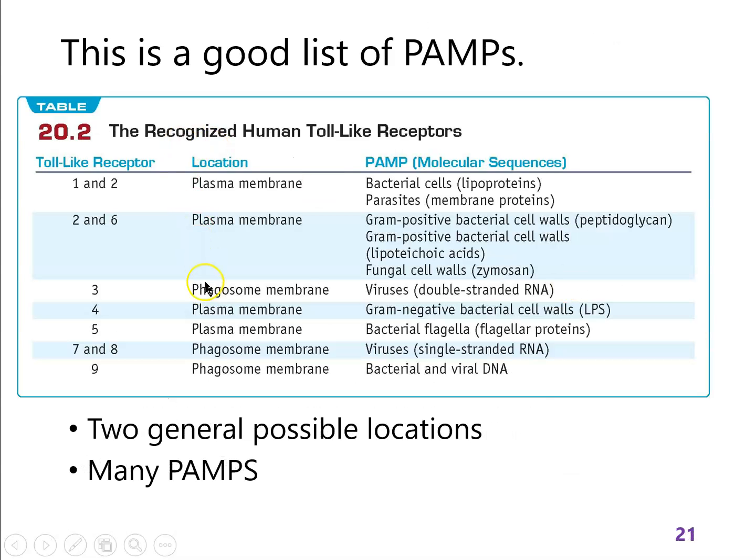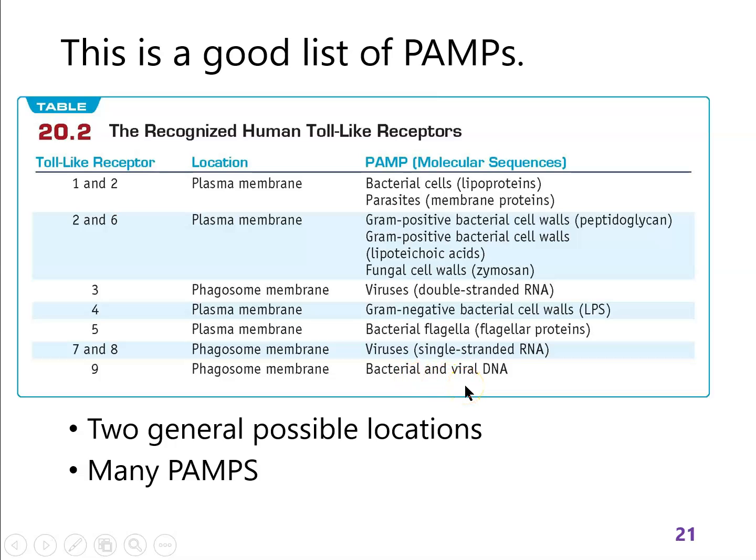Let's look through a list of these. So toll-like receptor 4 down here, which is found in the plasma membrane of a cell. It detects gram-negative bacterial cell walls, and specifically lipopolysaccharide. Toll-like receptor 9 would be inside a phagosome membrane, and it would detect bacterial and viral DNA.